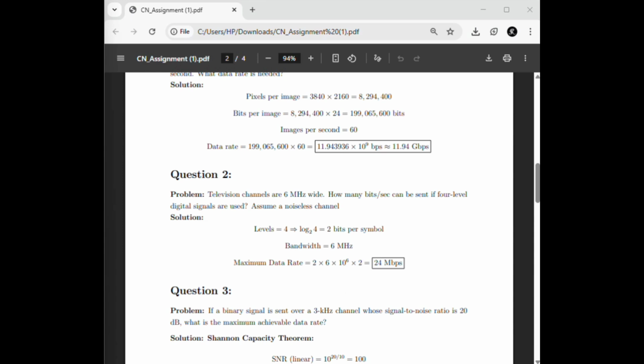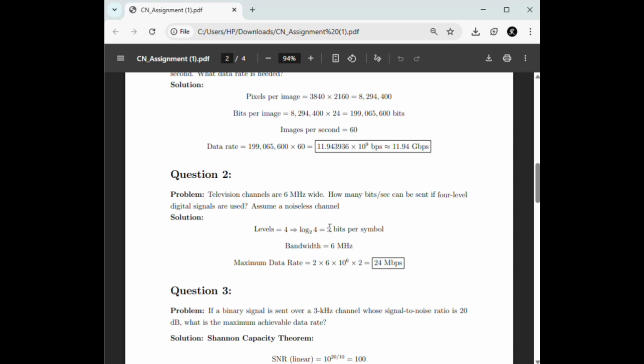Here the number of levels is given as 4. According to the Nyquist theorem, the data rate is twice the bandwidth multiplied by log of levels base 2. Here 4-level digital signals are used, so the levels are 4.